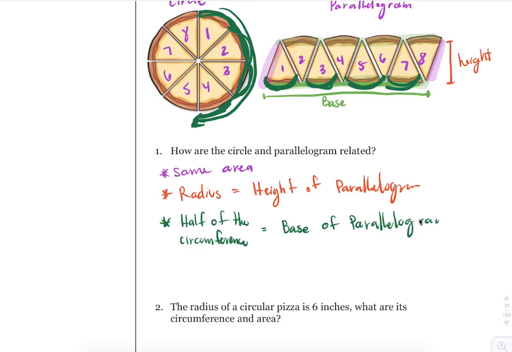Parallelograms include squares and rectangles as well, just a reminder. So we've got an equation that says the radius is the same as the height of the parallelogram, and half the circumference is the same as the base.